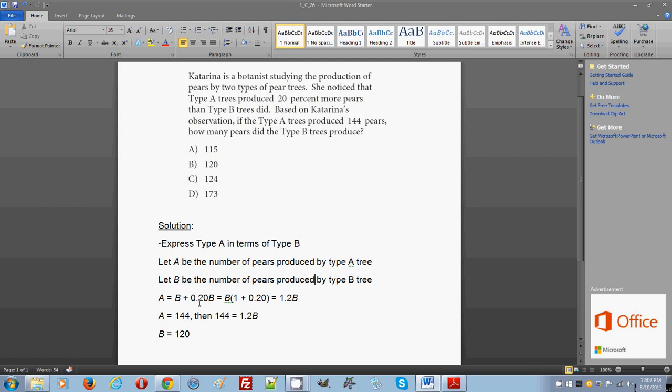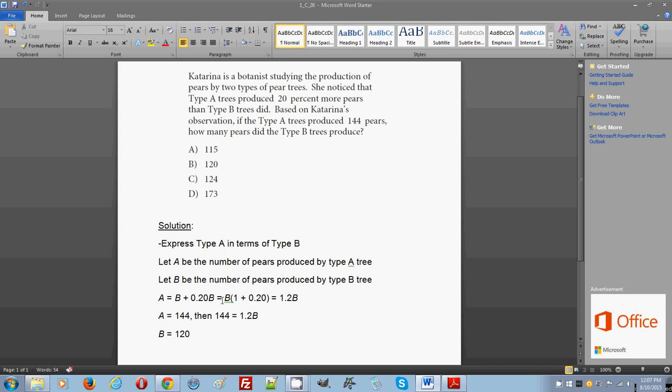Right? So now that we see that the common variable is B here, we can combine it so that we only have one B as opposed to two B's. We have one B, and this is all A. It all expresses A, the number of pears produced by type A tree. Right?